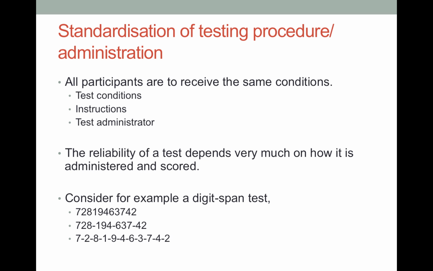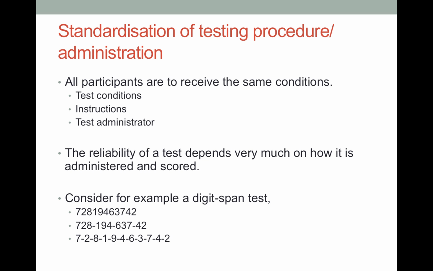The idea is to read a set of numbers to the participant or subject at the rate of one number per second. Imagine this was not made clear in the test manual. If I were to say 72819463742, this might result in the examinee remembering more or fewer numbers than if I were to break those numbers down into chunks.